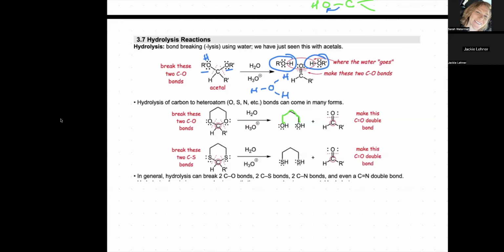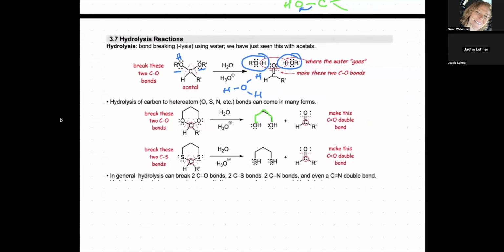That's kind of what they do. They love to make bonds with hydrogens because then they become more stable. They become a good leaving group, right? So the high concentration of our acid is what pushes things in this direction to give us these leaving groups.